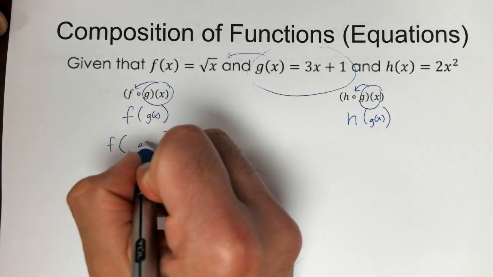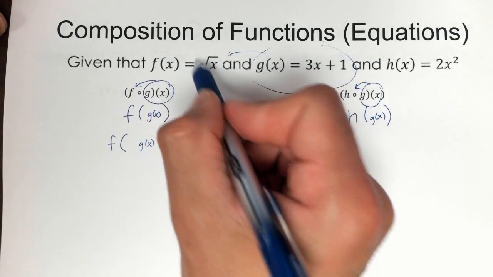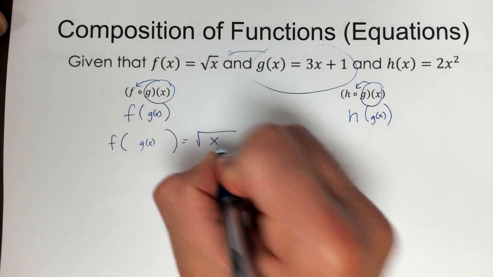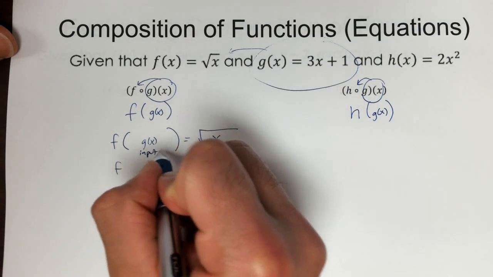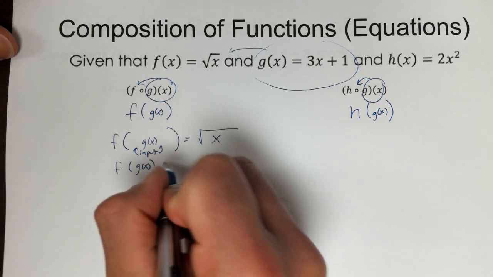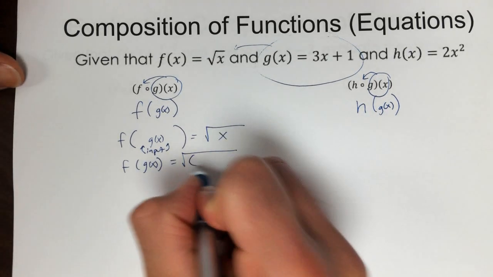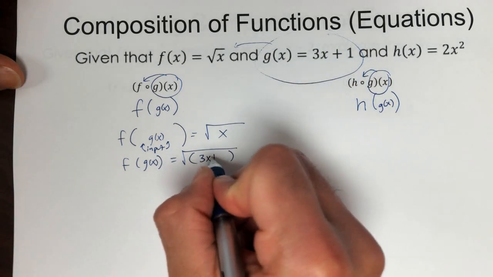Right? That's my notation. So I take my original, the main function f, which is the square root of x, and I'm going to replace the input. This is my input. I'm going to put in all of g of x, which is 3x plus 1.